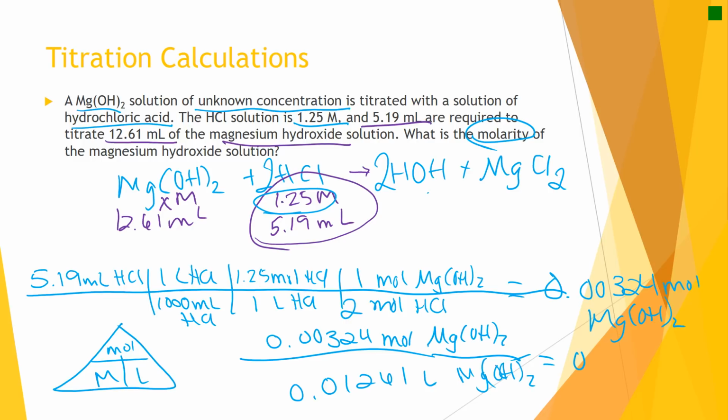That equals 0.257 molar of Mg(OH)2, and that is your final molarity. Once again, we've just done this in the stoichiometry unit, so this should be very familiar when you're trying to figure out the conversion with titrations.